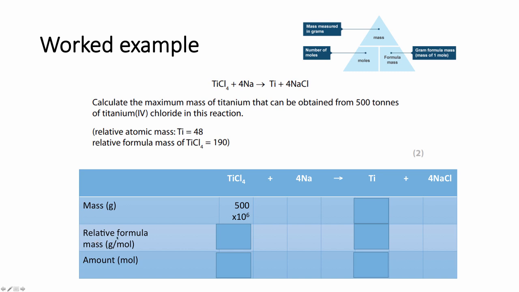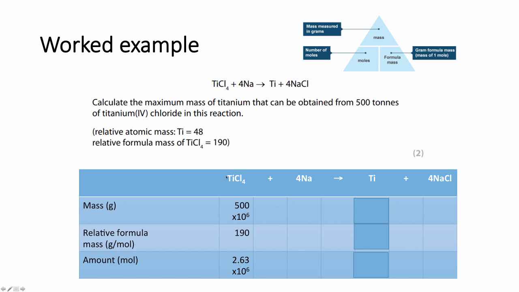And we next have the relative formula mass of titanium chloride, and that's been given to us in the question, and that's 190 grams per mole. So using our formula triangle, we can work out the amount, and that is mass divided by formula mass, so 500 times 10 to the 6 divided by 190, and that gives us an answer of 2.63 times 10 to the 6. Now remember why we're doing this.